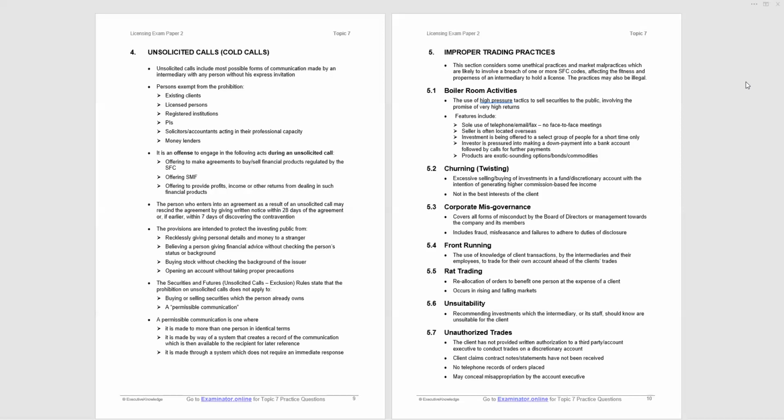The company is being run in a way that disadvantages one or more of the stakeholders. Front running is where you act before the clients can act in a transaction. So you have knowledge of the underlying companies or what the client is going to do, and you go in before the client. That is an improper trading practice, front running.